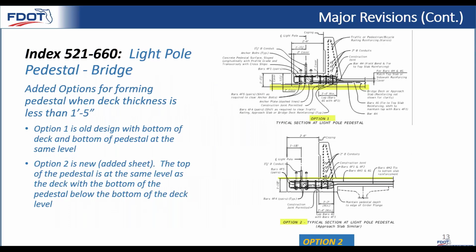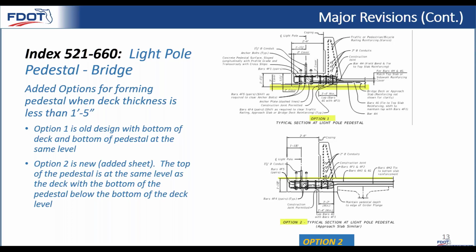Over the years, we've had a lot of requests on this one to make changes to this pedestal so the pedestal could be poured at the same time as the deck, and the traffic railing could be slip-formed. Now, the depth of the pedestal is required to resist the loads from the light pole.